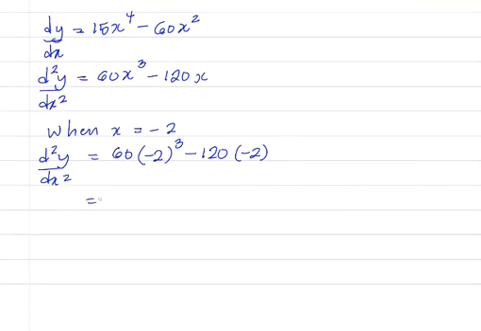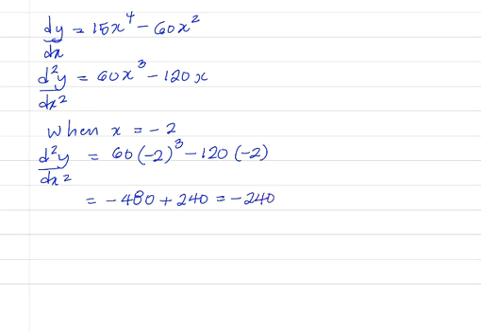So this is going to come out to be 60 times minus 8, which is minus 480. A negative times a negative is a positive 240. So this is equal to minus 240.